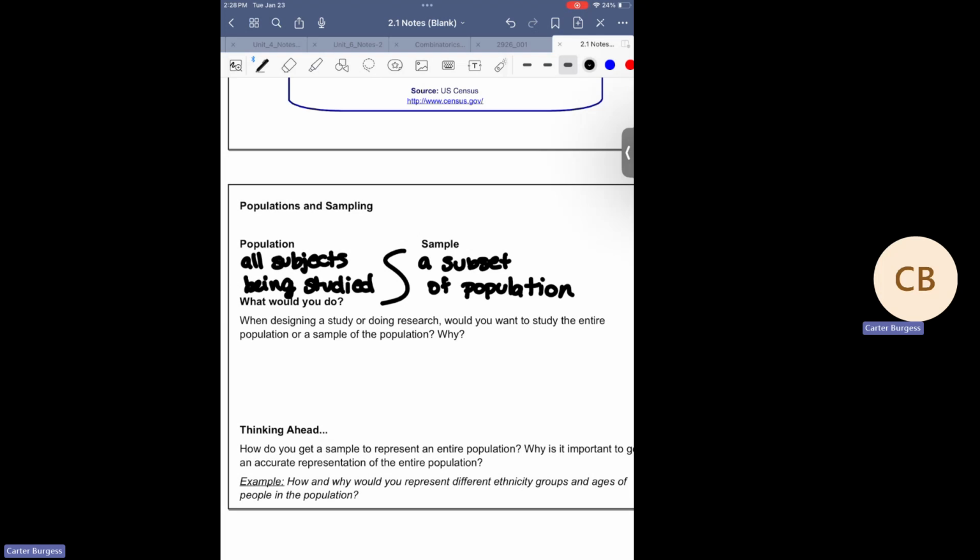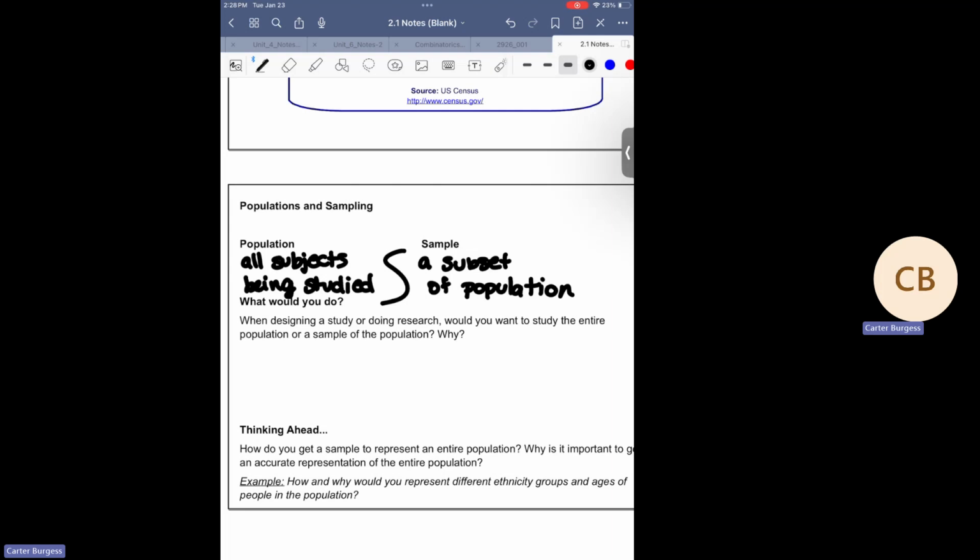I can either poll what's going on in this classroom and use that to try and make some kind of inference, or I could go to every single student around the building, figure out if they are wearing a sweatshirt, and then have a descriptive statistic that says definitively this many people out of my total population are wearing a sweatshirt.